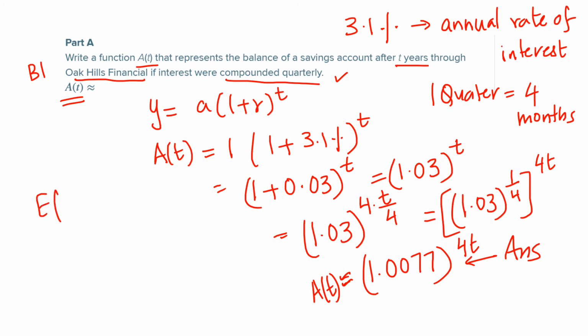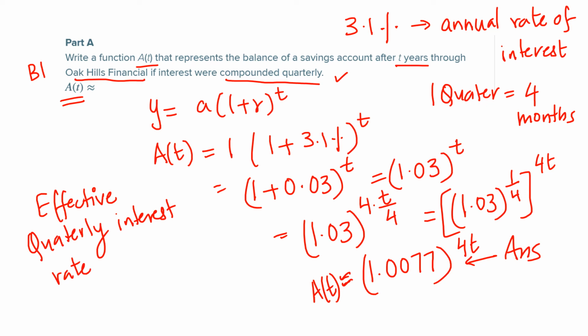So I'm going to write here, this is not asked in the question, but just for the sense of good comparison, let's do this also. So the effective quarterly interest rate, and we are talking about the Oak Hills Bank. For Oak Hills, it is going to be equal to this decimal, 0.0077.